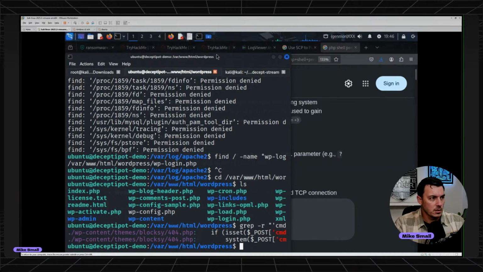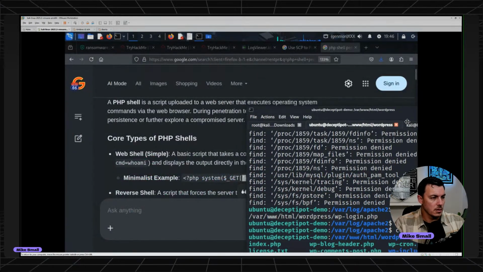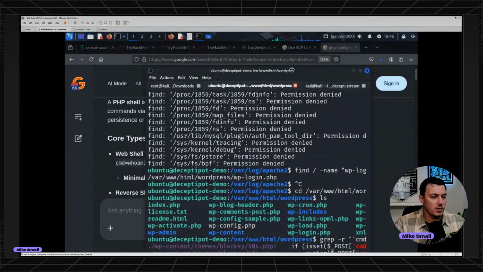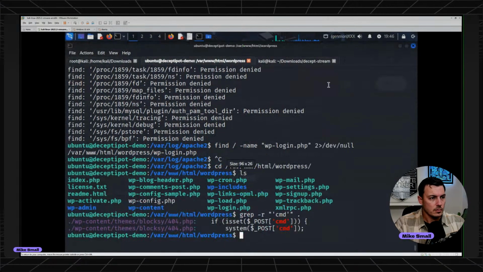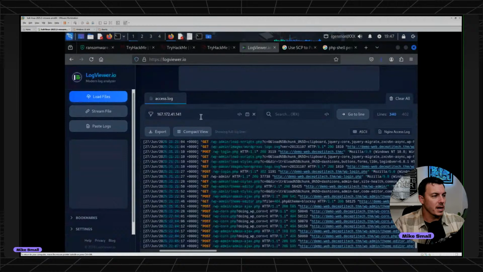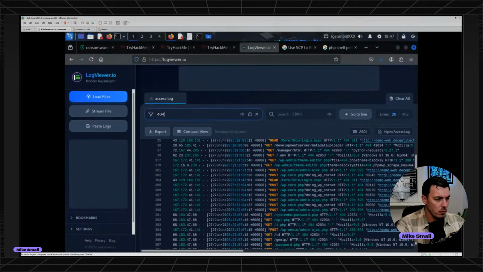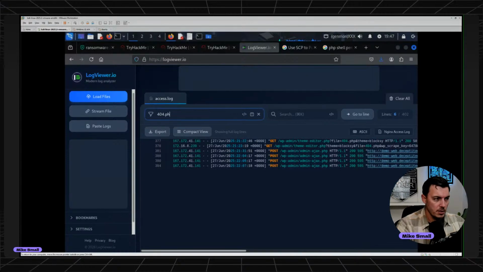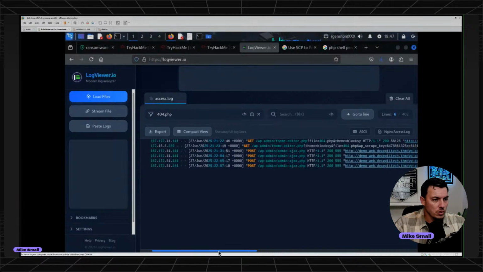So system, posts, system, get. This one's a get, but this one's a post. And it's going to be the 404 PHP page. So the question is, did we see any of that? Well, we can come back over here and look at 404.php.